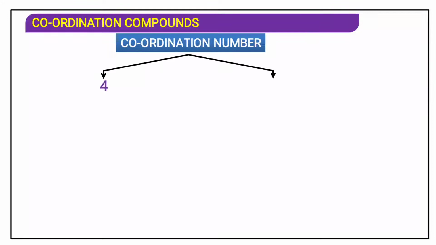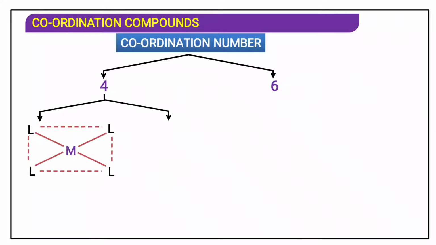The coordination number is the number of ligands attached to the central metal atom, or in other terms, the number of donor atoms attached to the central metal atom. For cis and trans we will see coordination number 4 and coordination number 6. Let's go ahead.